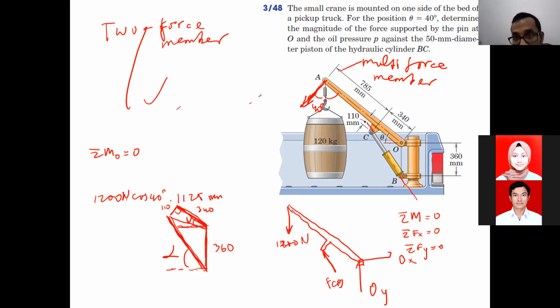Sebentar, pertanyaan saya kalau misalkan kayak gitu. Oh iya, bisa, betul. Maksud kamu gini ya? Iya, Pak. 340 dikoskan sebentar.